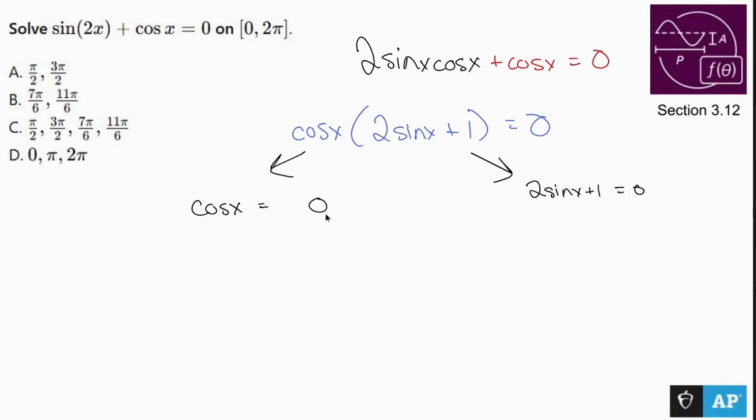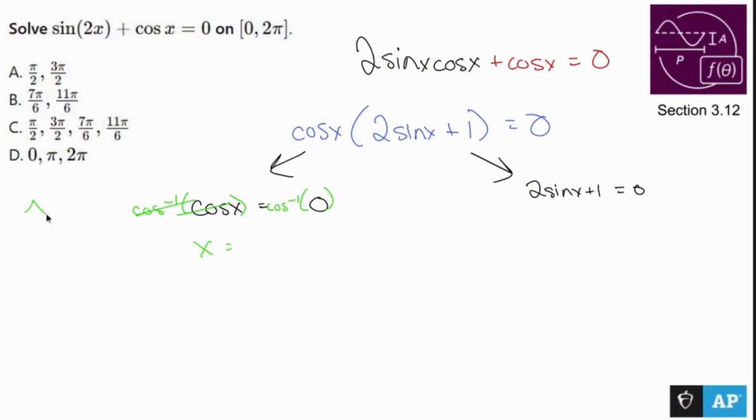Let's scooch you over, because right away I can inverse cosine both sides. What the inverse cosine of 0 is asking us is what angle measurement on the unit circle gives us an x value, because cosine is x, of 0?